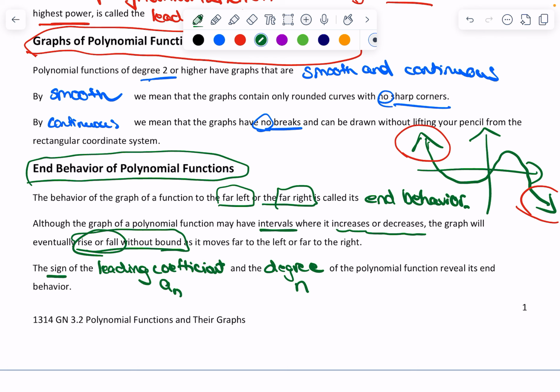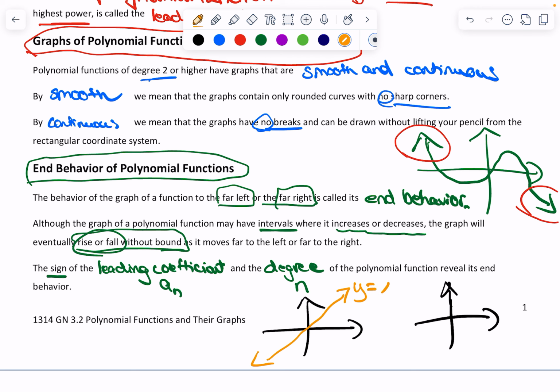So, for example, I'm just going to draw two coordinate planes here. If we do just a straight line, actually, let me draw it through the origin like this.